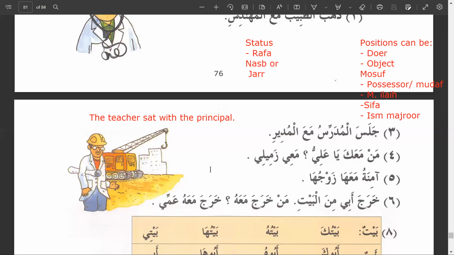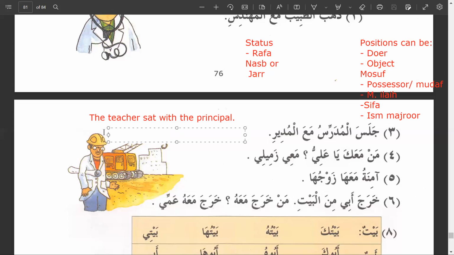Okay, next sentence. Man ma'aka ya Aliyu. Man is who.